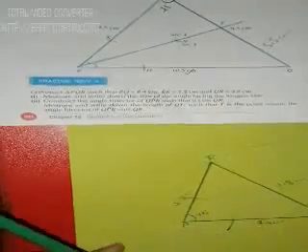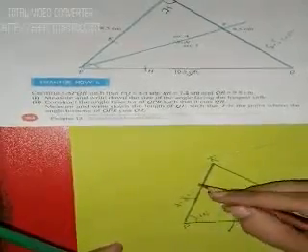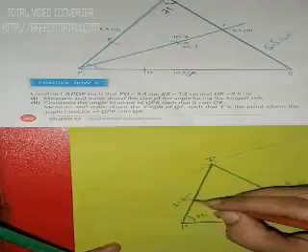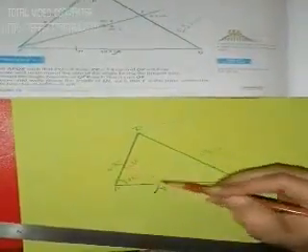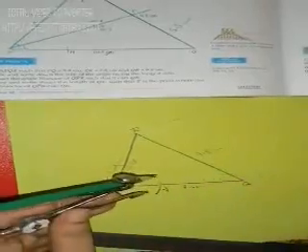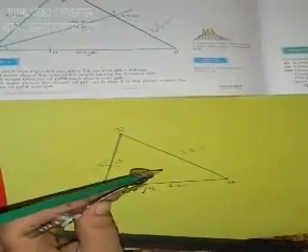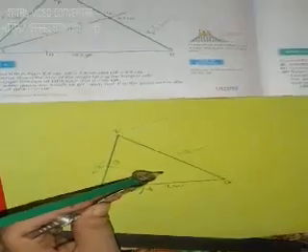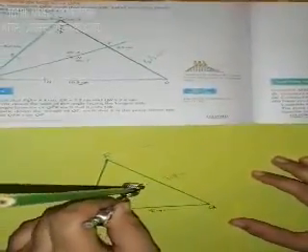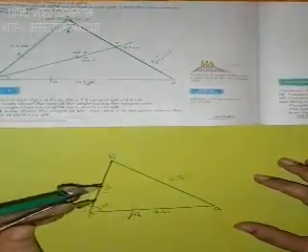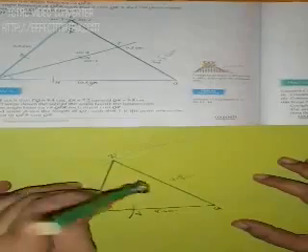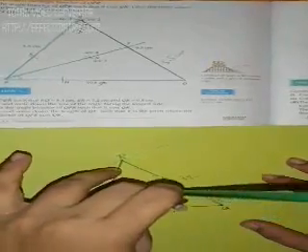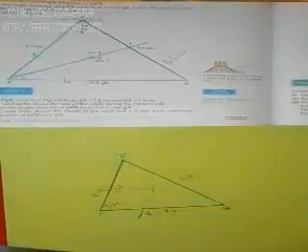This is my point U, this is V. With the same radius, with the center V, I am going to put another arc here. With the center U, with the same radius, I am cutting the previous arc at point O.